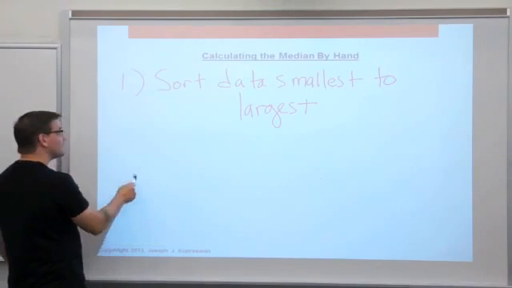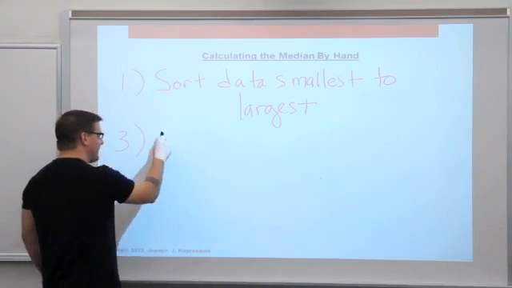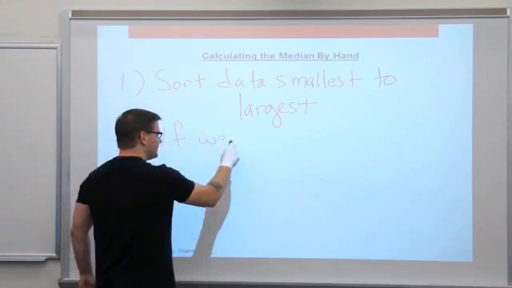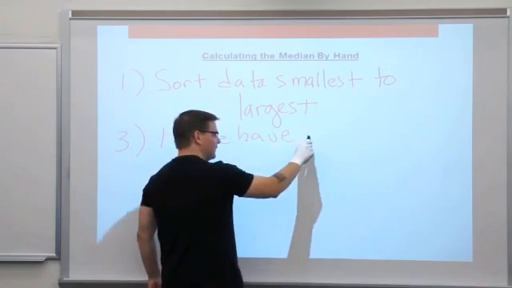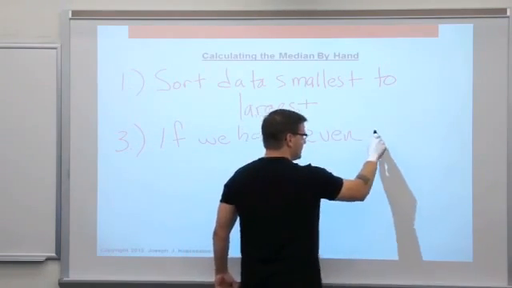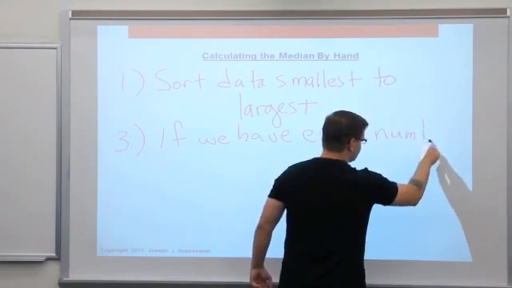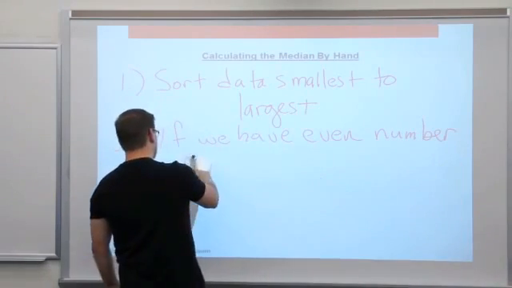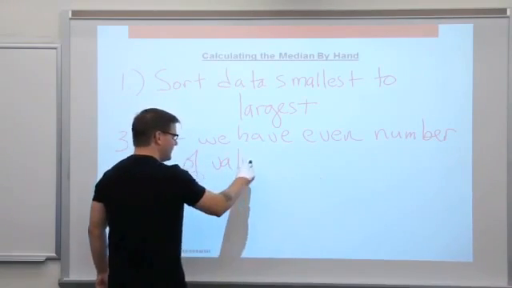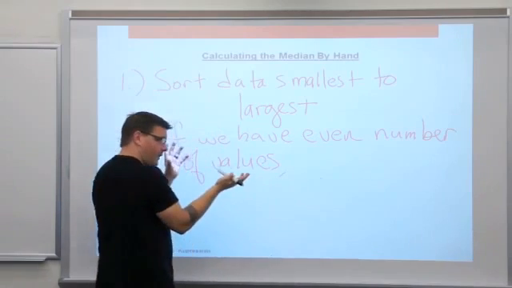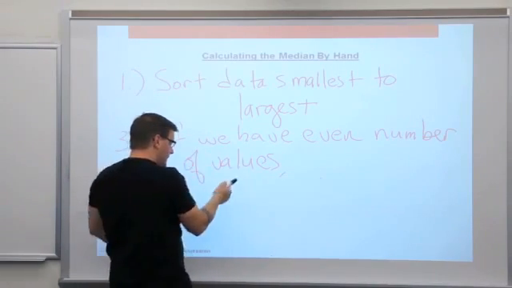And switch over to the pen here. Excuse me, if we have an even number of values, the median will fall, not right in the middle, but we'll take the two values in the middle.